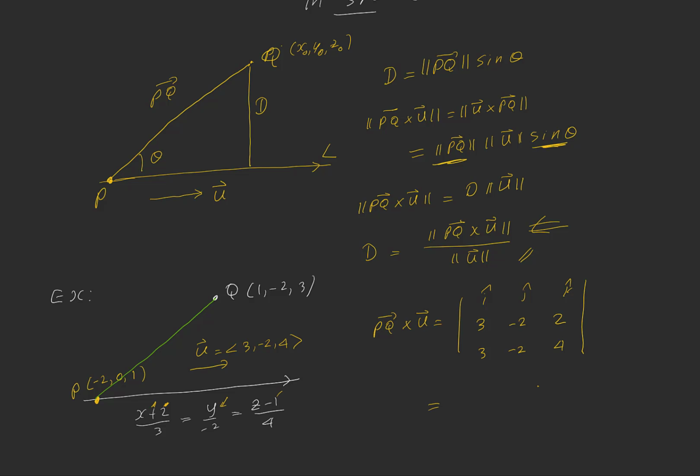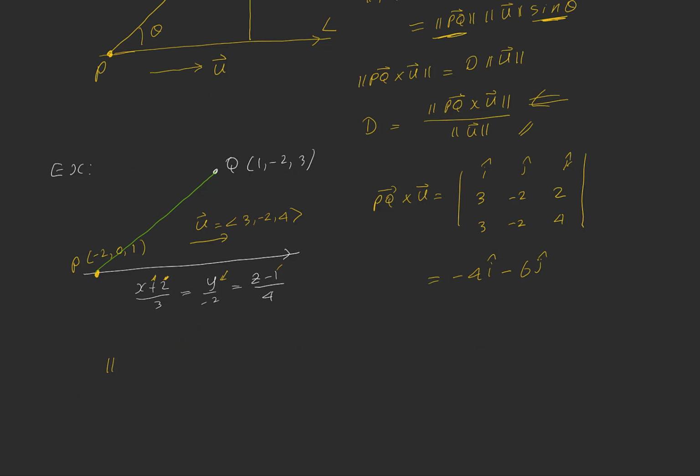This is -4i, then -6j. Now we know the magnitude of PQ cross U is the square root of 16 plus 36. That is the square root of 52.